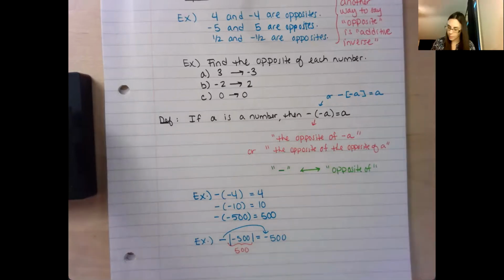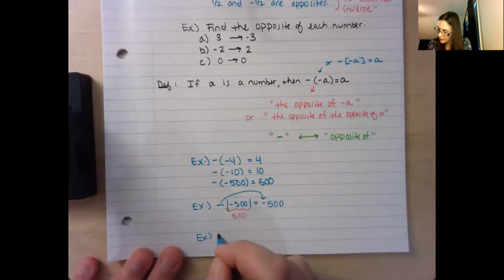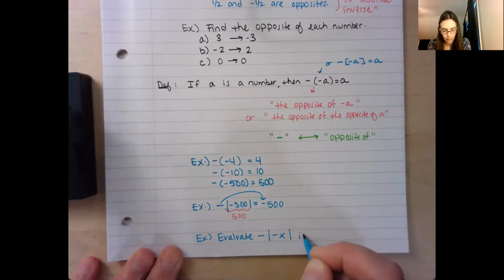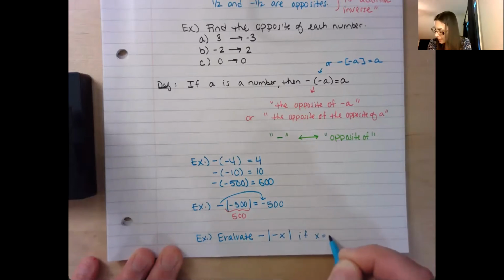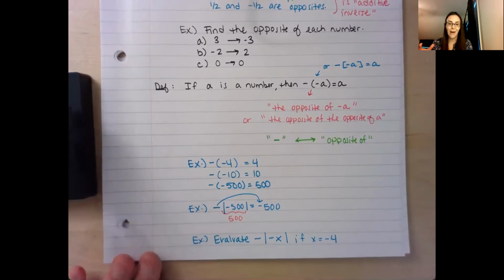Actually, let's do one more example here. Okay, so let's evaluate negative absolute value of negative x if x equals negative 4. Now, making this a little bit harder here.